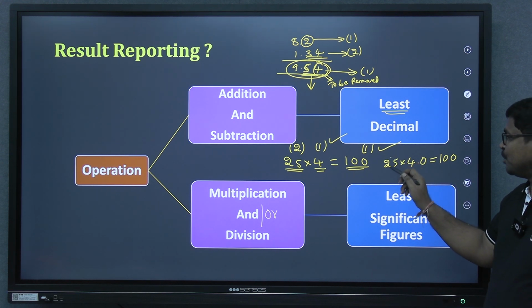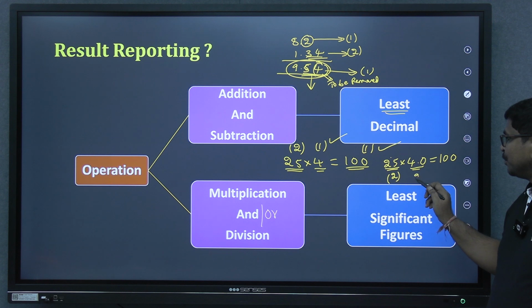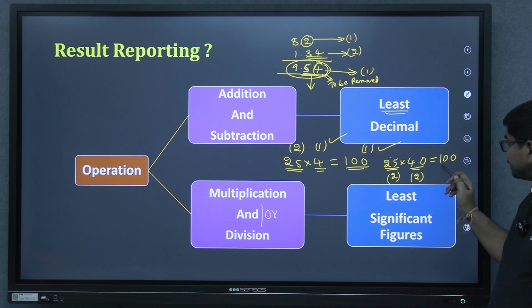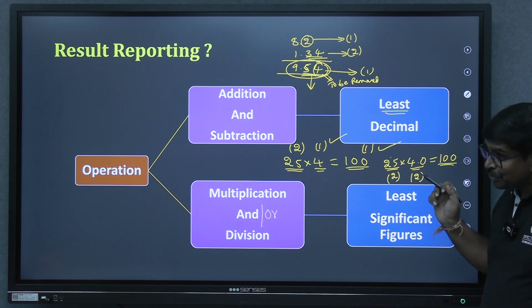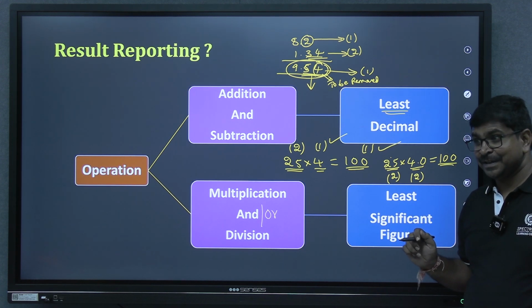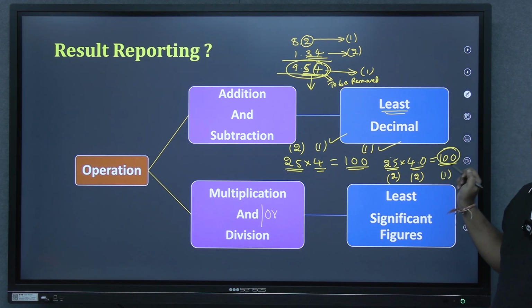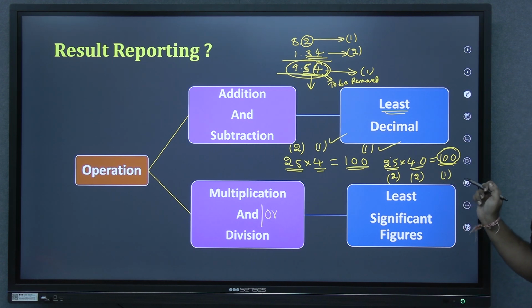But here how many significant figures? 2 and 2. Which is least? 2. So the answer also should have 2 significant figures. But here there is only 1. So we must rewrite this to get 2 significant figures.